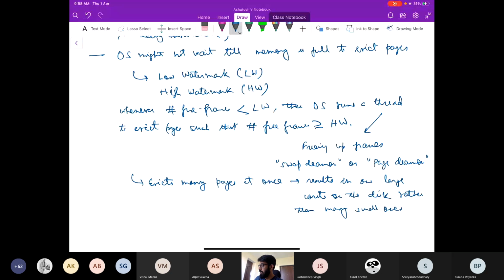This is more efficient, as we'll see when we go to file systems and disk drives. This idea is called clustering or grouping.